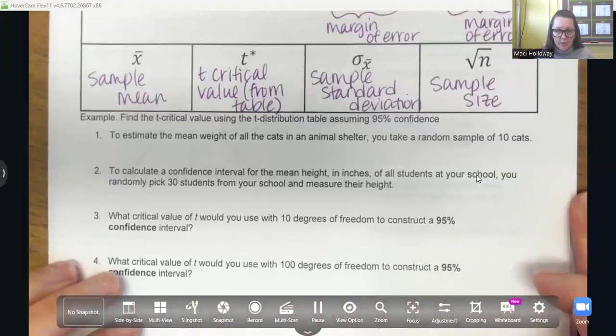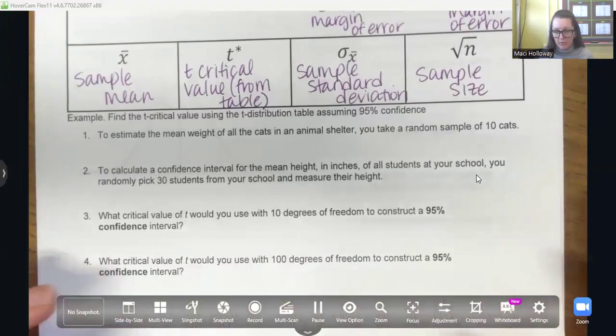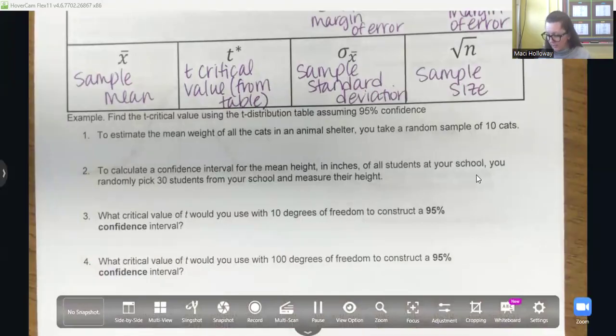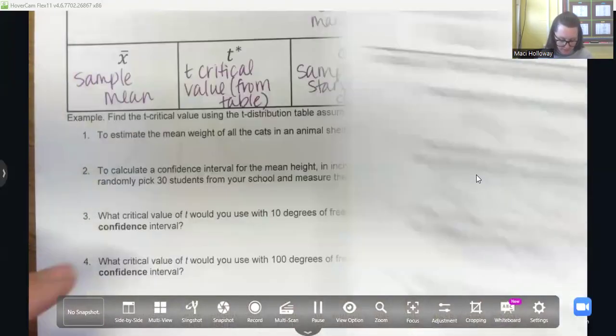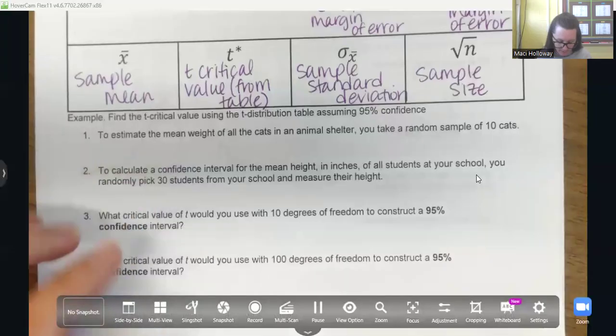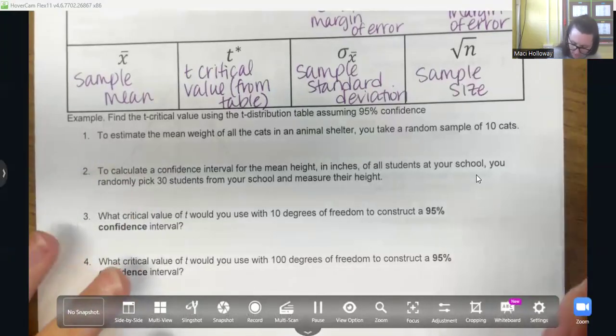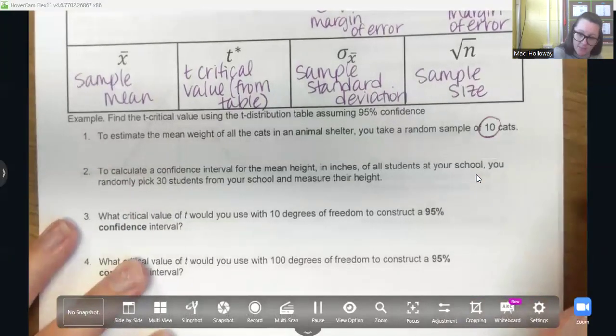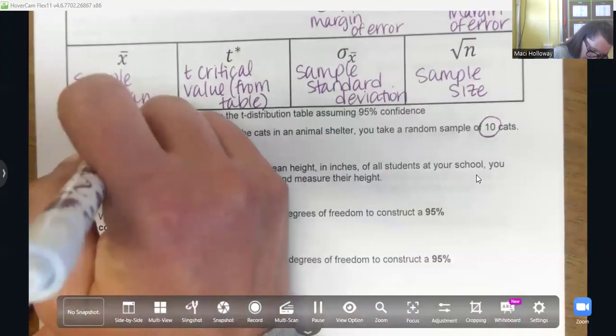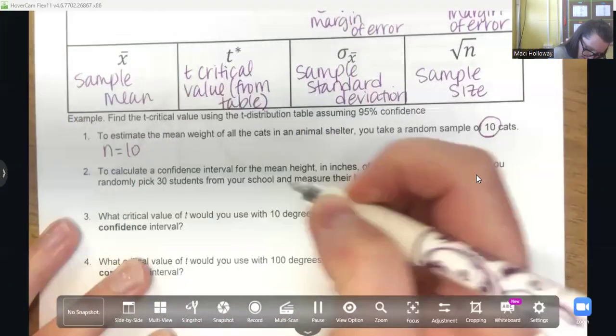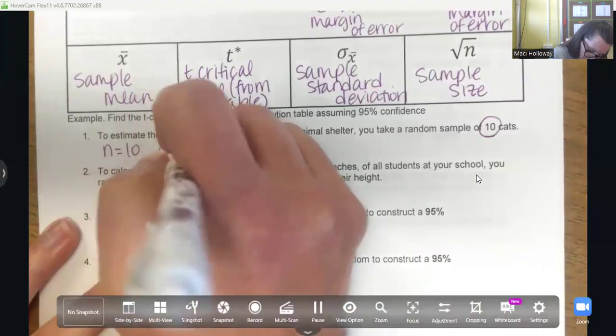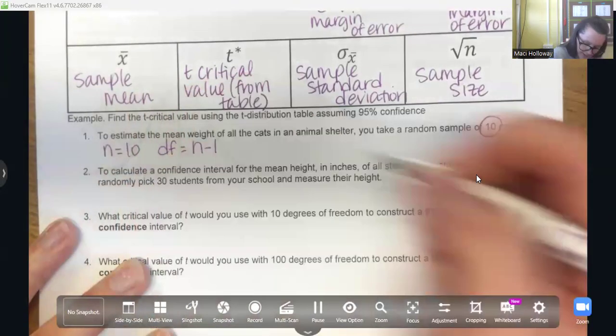All right, so let's just practice using our table here at the bottom of our page. We're going to find the T critical value using the T distribution. So think, T critical value is the number of standard deviations away that we want to calculate, right? So it says to estimate the mean weight of all cats in an animal shelter, you take a random sample of 10 cats. So here, if our N value equals 10, then degrees of freedom equals N minus 1.